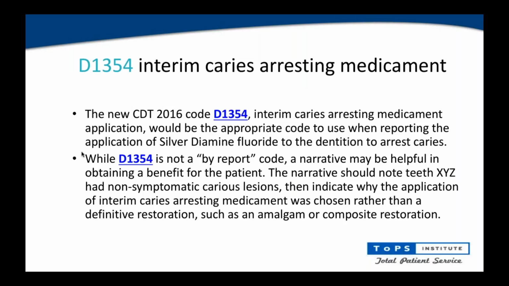We have the 1354, which is the interim caries arresting medicaments. And if you guys remember, this code is worked so well for patients that have a high caries risk, and they need to be able to sleep with fluoridation trays that apply the fluoride, maybe with also the calcification or recalcification. They have a lot of incipient decay.